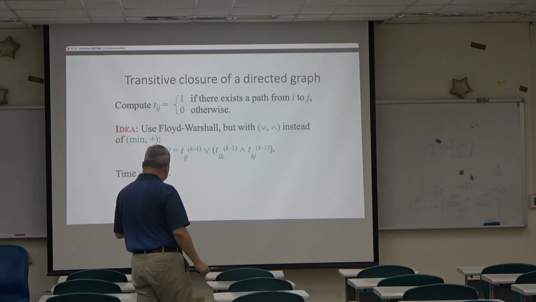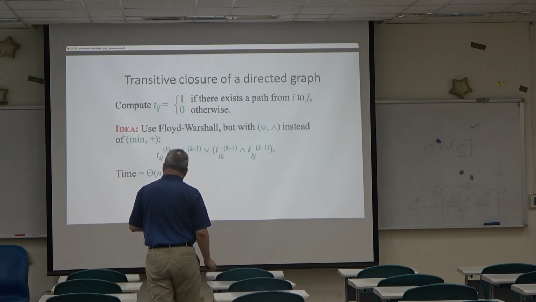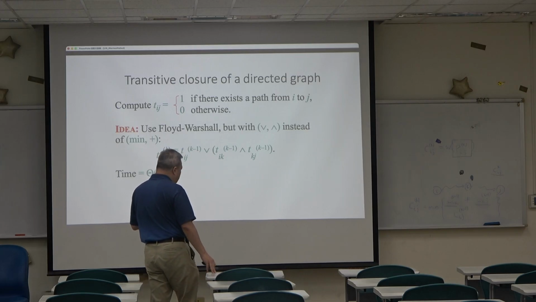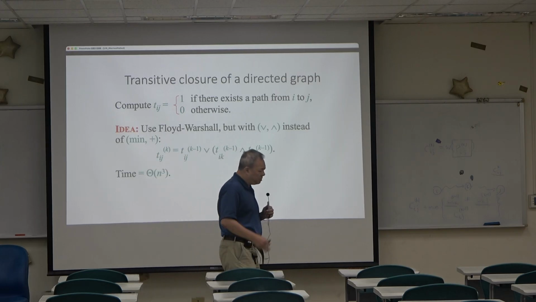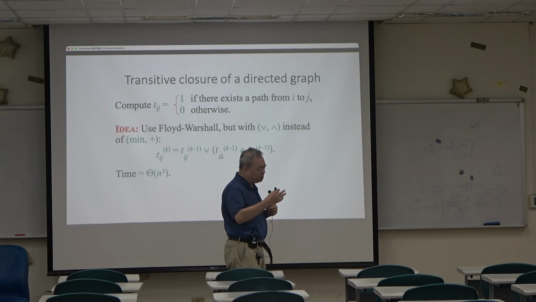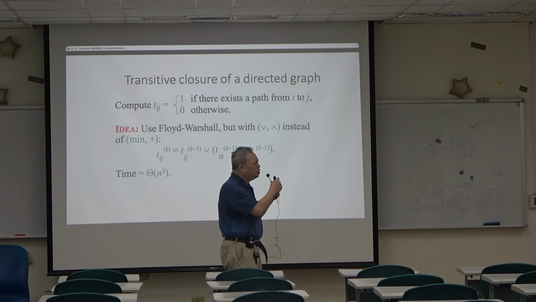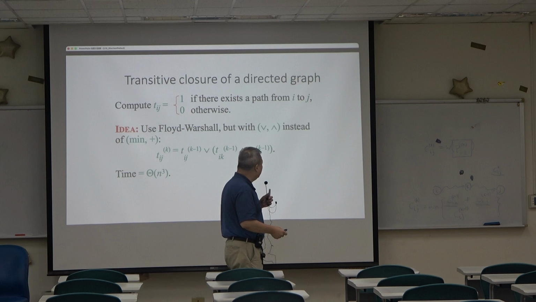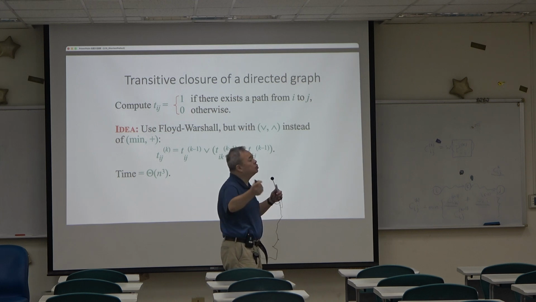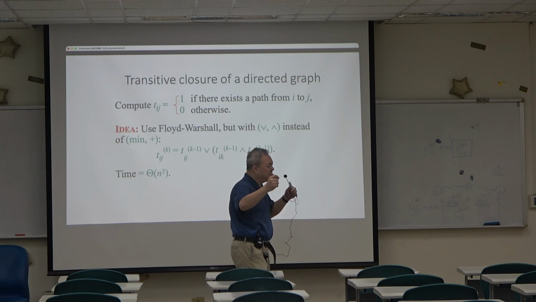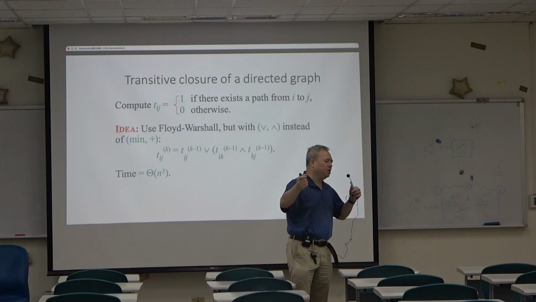It means if you are able to reach j from i, regardless of the cost, as long as you are able to go from one node to another, we will mark this one as true. There is a path between node i and node j.